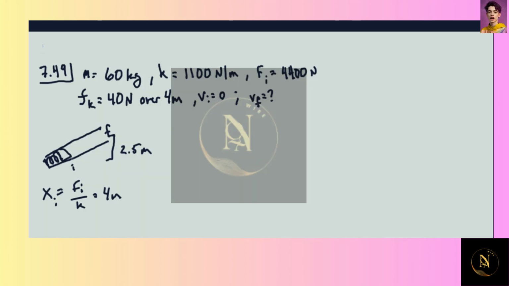Now let's call his initial height y equals 0, so that y final will just be our 2.5 meters. And we can write out our conservation of energy equation now. So we know that the initial potential, kinetic, and then other work done has to equal final potential and kinetic energy.